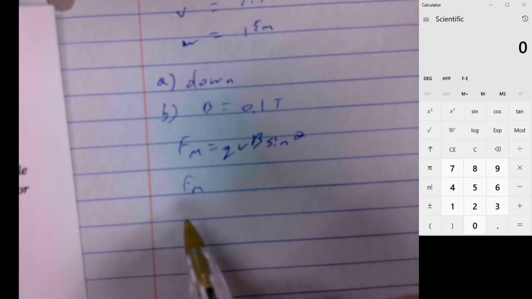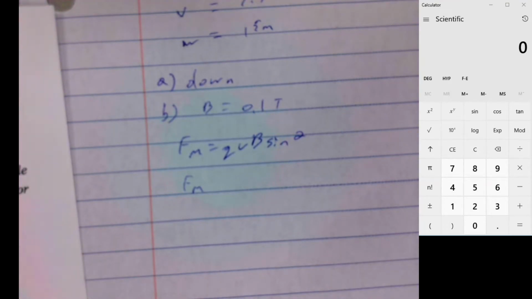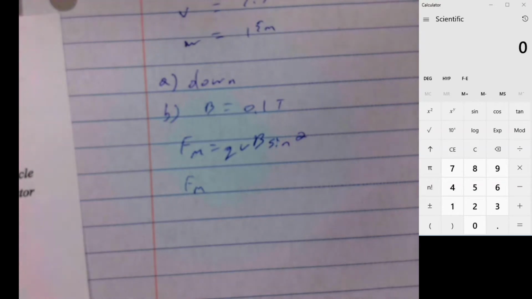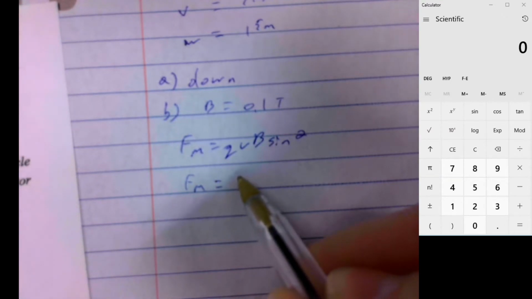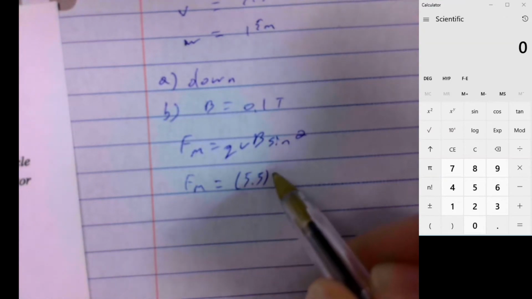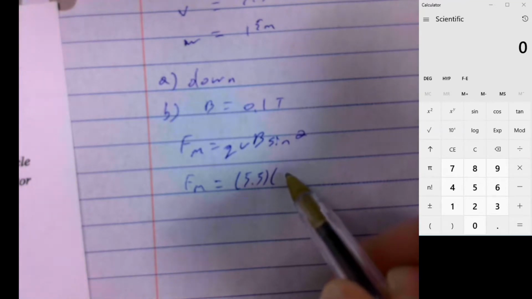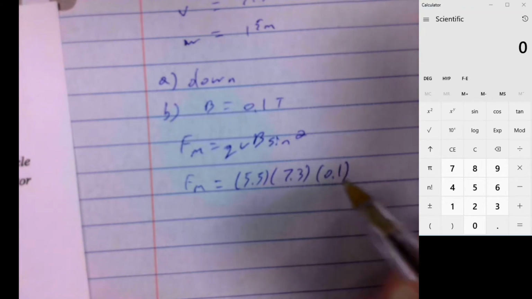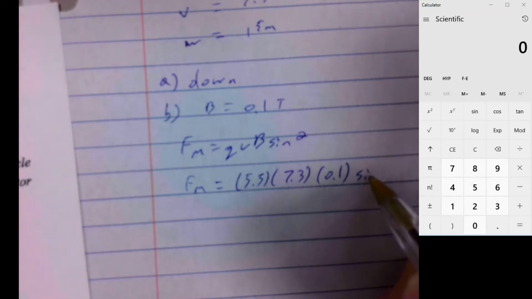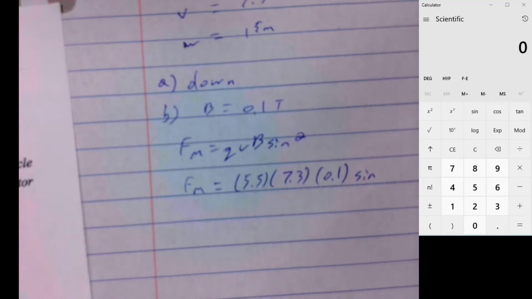Now what we're trying to do is find the force first, and then we can find out how far the ball travels while it's in this field. So FM equals Q, which is 5.5, V, which is 7.3, B, which is 0.1, and then sine of theta, in this case, it is 27 degrees.